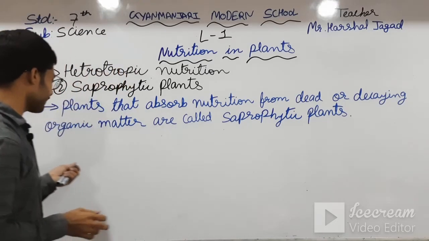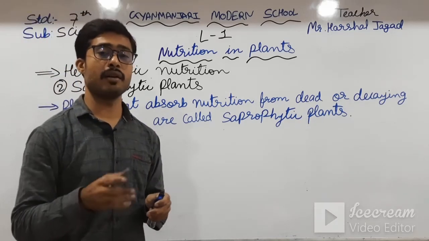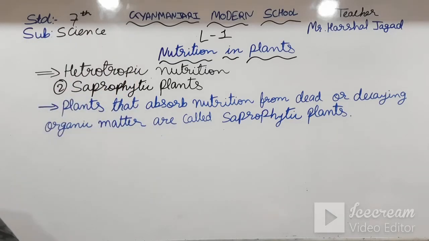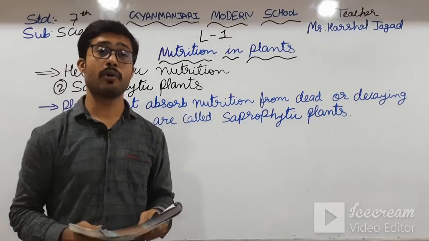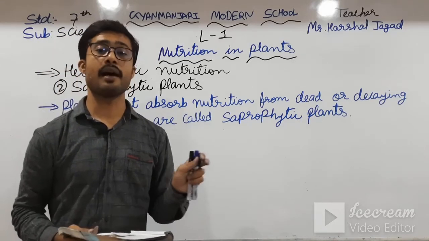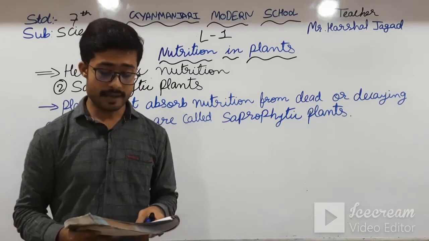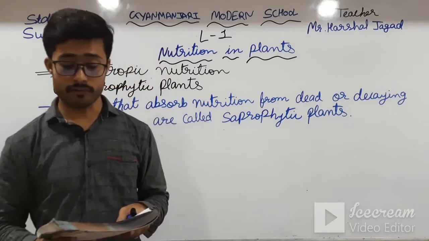Okay students, there are some examples of it. Before that we just read that again. See, these plants are non-green plants. They are not in green color, since they lack chlorophyll and are hence unable to carry out photosynthesis.